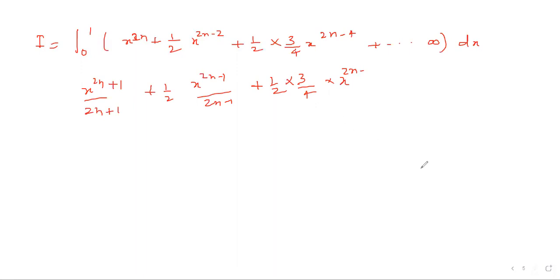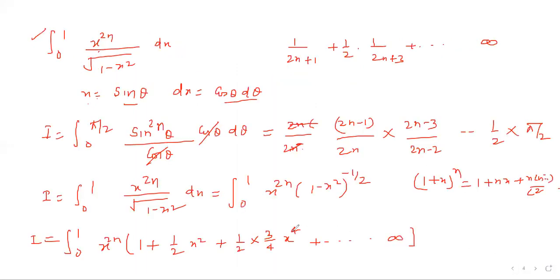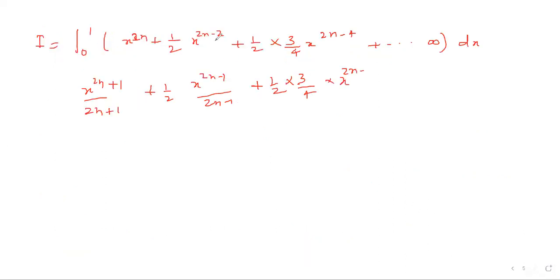So one mistake we have done here, the power is 2n and this is power 2, so this will become 2n plus 2. Here power is 4, so this will become 2n plus 4. So here we have taken a negative sign and that is wrong. So let's rectify it. It should have been positive.